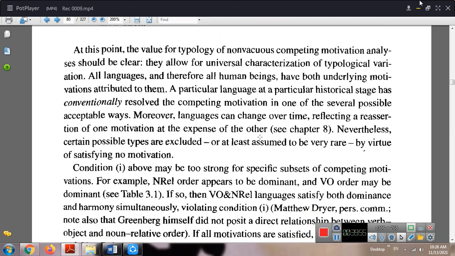At this point, the value for typology of non-vacuous competing motivation analysis should be clear. They allow for universal characterization of typological variation. All languages, and therefore all human beings, have both underlying motivations attributed to them.